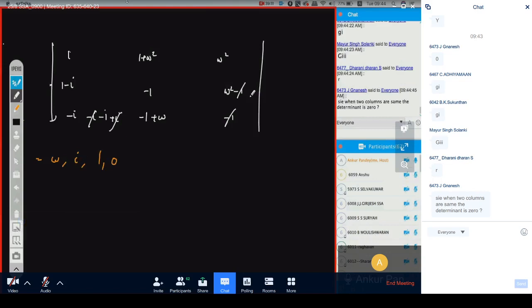Two columns are same or proportional, the determinant is 0. Okay, Ganesh?